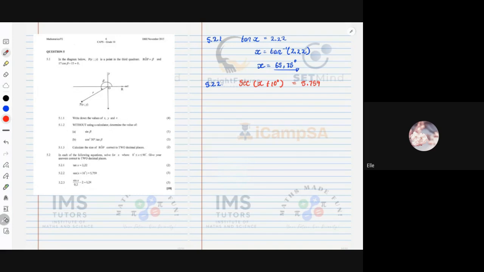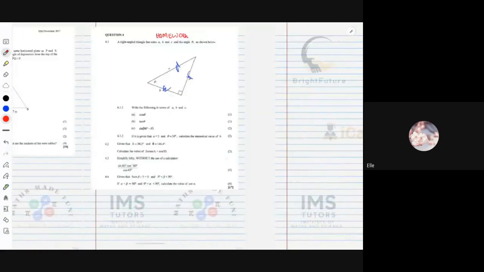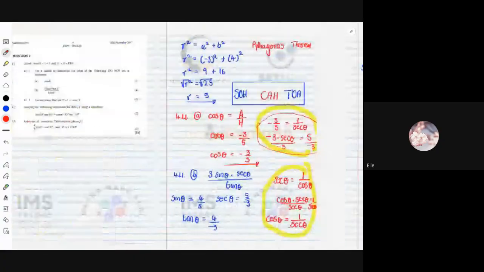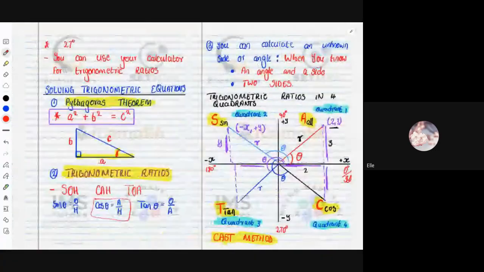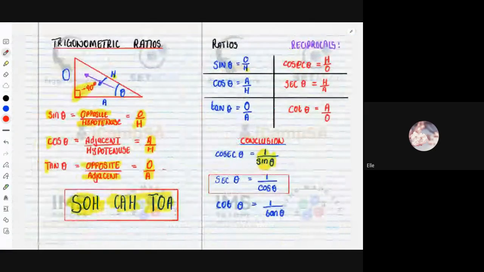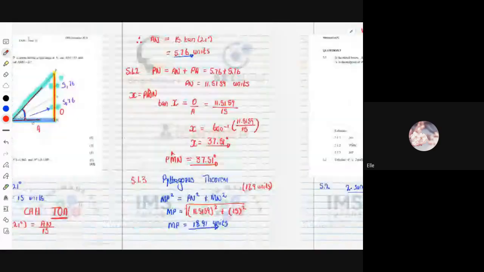Remember that sec is the reciprocal of, where do we deal with reciprocals? Sec is the reciprocal of what? Of cos. So that is basically 1 over cos. 1 over cos is equal to sec.